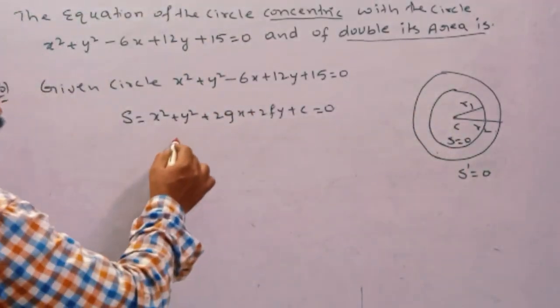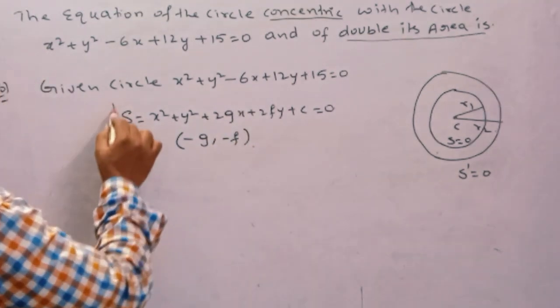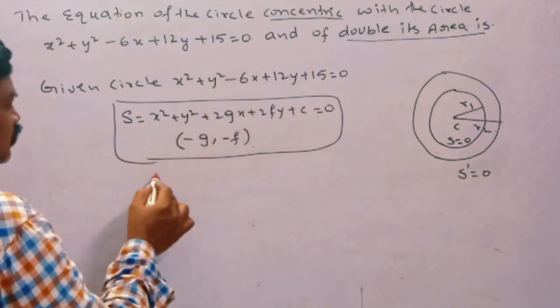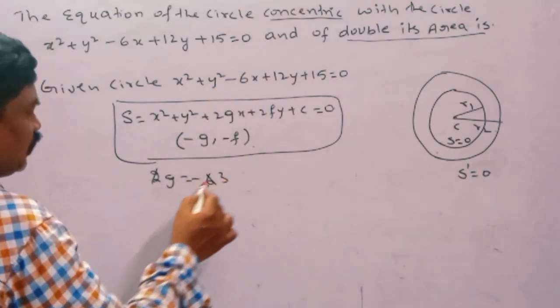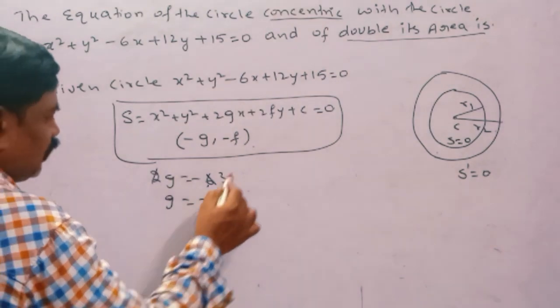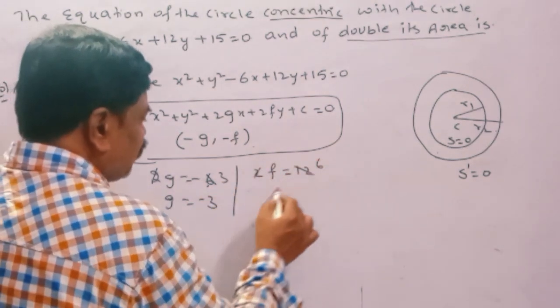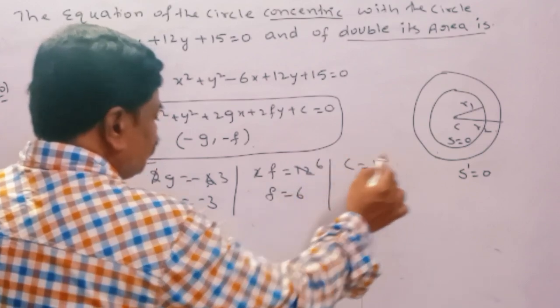So here, what is the center? Minus g comma minus f. Compare this one with this one. Thus 2g is equal to minus 6, so g is equal to minus 3, and 2f is equal to 12, so f is equal to 6 and c is equal to 15.